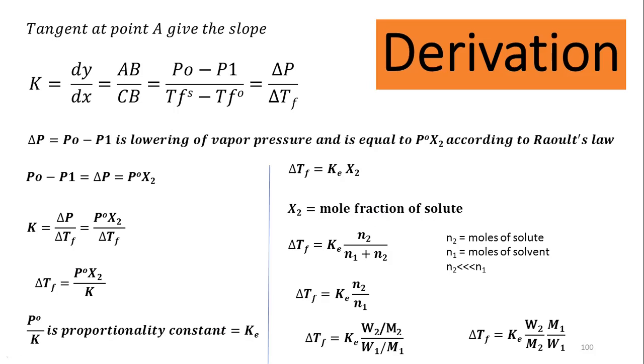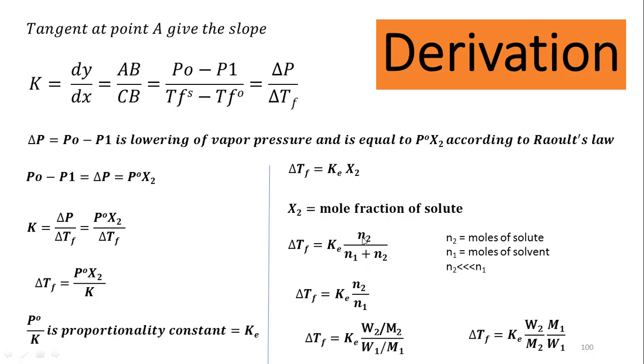So this is coming from the mole fraction of the solute. And as explained before, X2 is the mole fraction of the solute. And what is the mole fraction of the solute? This is the moles of the solute divided by the total moles. So total moles mean moles of the solute plus moles of the solvent.